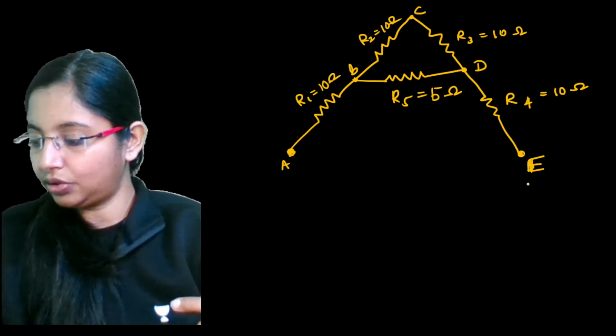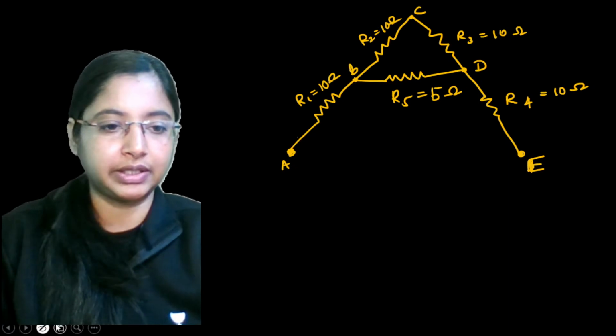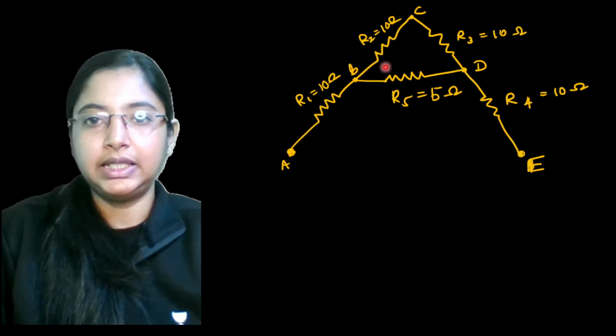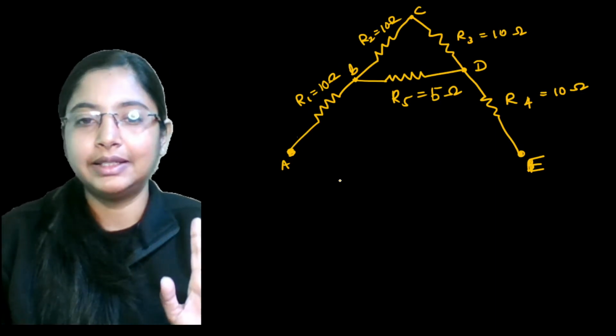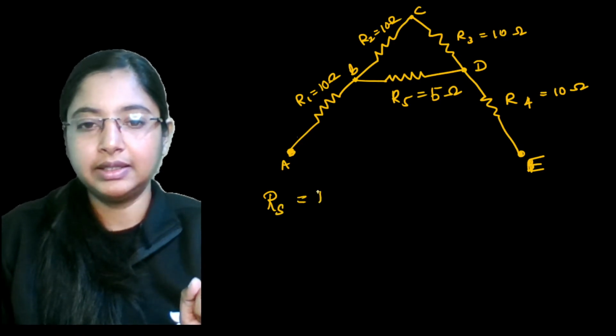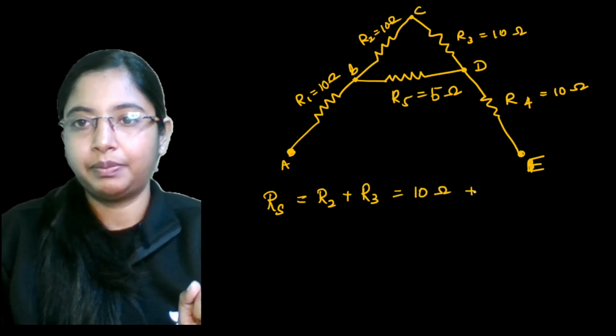If you want to find the effective resistance across AE, you have to find the individual resistances. So first let's look at this. Across BD, R2 and R3 are in series. So two resistors in series, that is R2 plus R3, which will be 10 ohms plus 10 ohms.